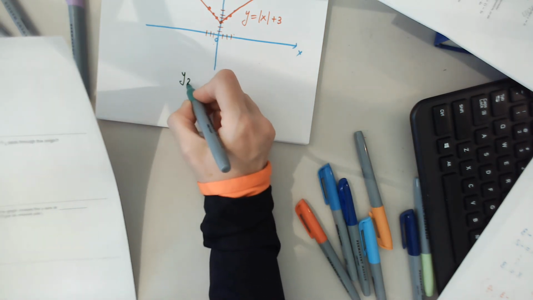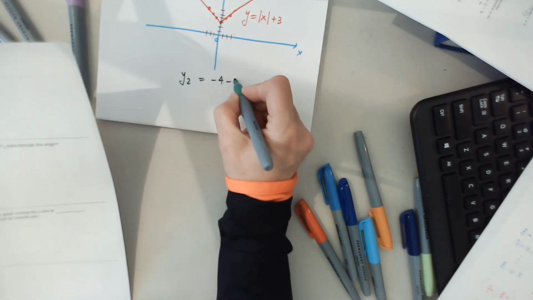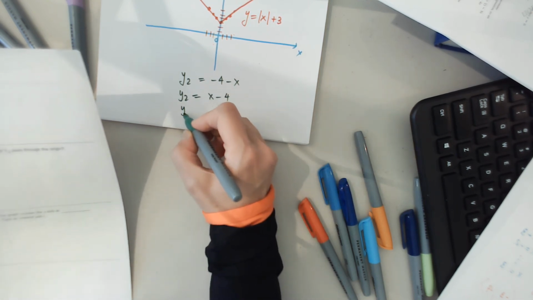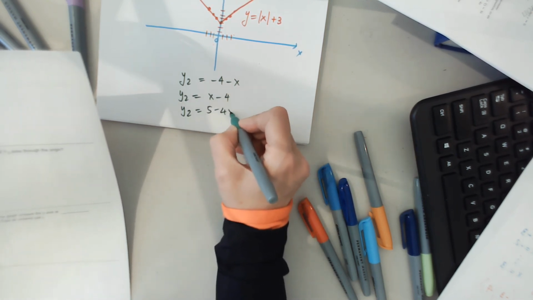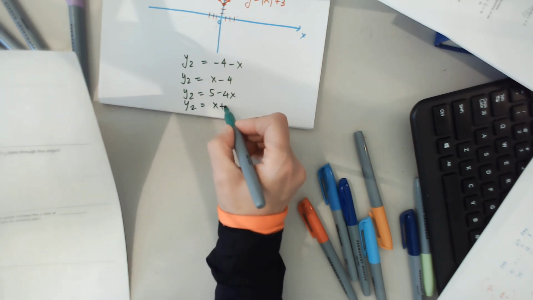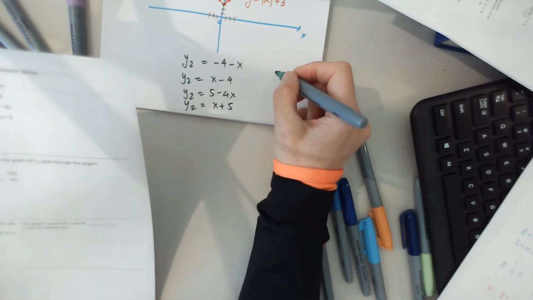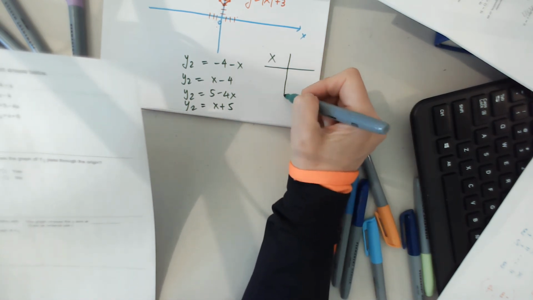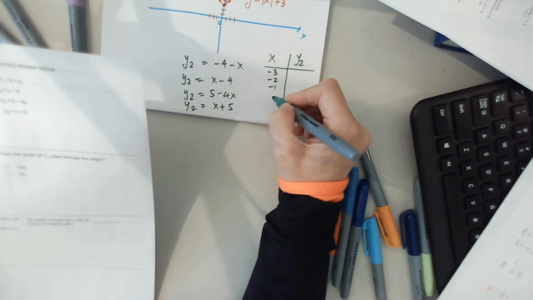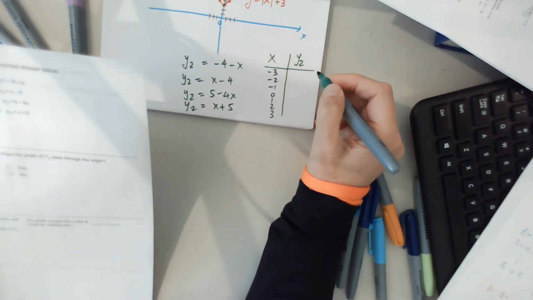So we are given y2 equals -4 minus x. We are given y2 equals x minus 4. We are given y2 equals 5 minus 4x. And we are given y2 as x plus 5. And the table, let me also copy the table, very good idea. So -3, -2, -1, 0, 1, 2, and 3, of course.